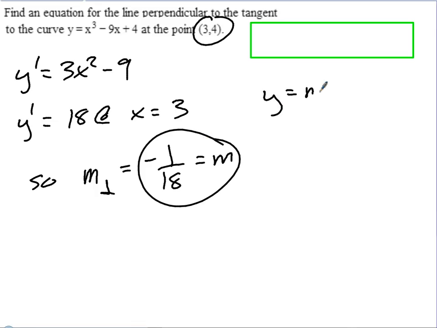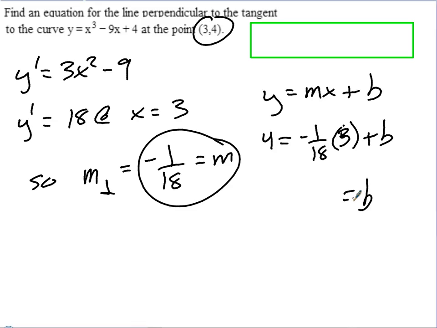So y equals mx plus b. If I plug in m and x and y, 4 equals negative 1/18 times 3. So what's that going to give me? 4 and a 6? Is that right? So that's 25/6.